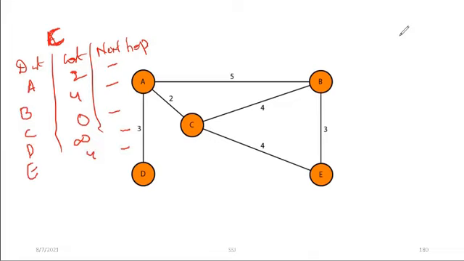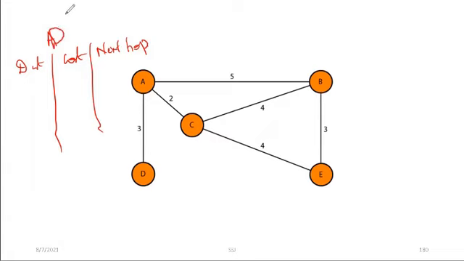After that, let's see D. In the case of D, it is only connected to A, so A will be 3, no next hop, and for all the others, B, C, and E, it is infinity, and for D itself, it is 0. And finally, for E, I'm changing this to E. E is connected to B and C. So for B it is 3, and C it is 4, no next hop.